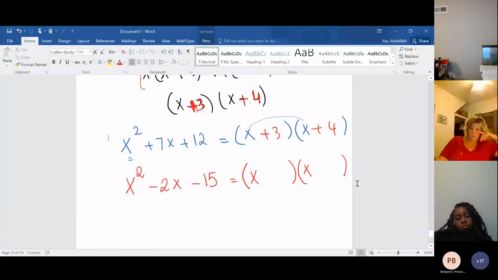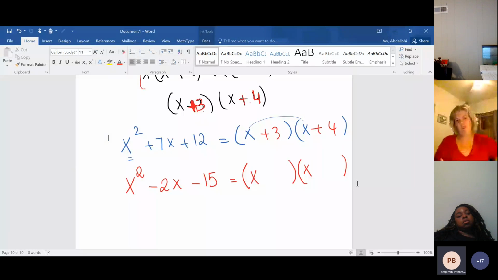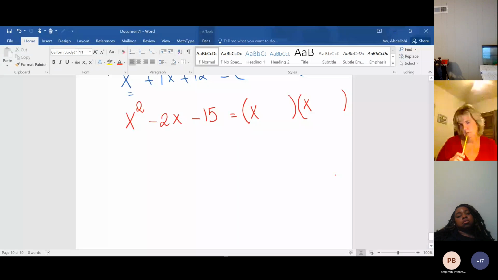They must multiply to what number? 15. Do we forget the sign? Negative 15. They must multiply to negative 15. And they must add up to what number? Negative 2. Exactly. So I have to go over the pairs that are going to make up negative 15.